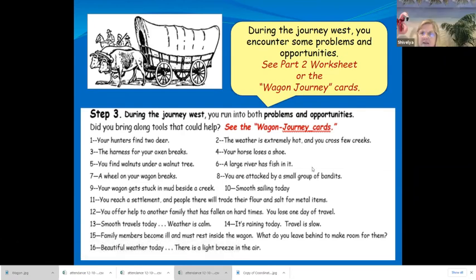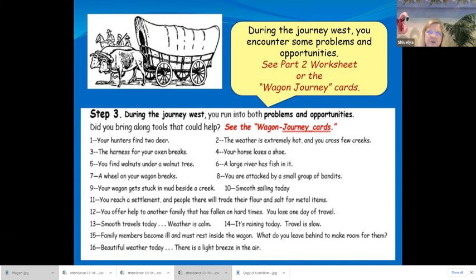Yeah, and it all depends on the makeup of your group and everything. But some kids will recognize that it kind of harkens back to the Oregon Trail, and they may have had some experience with that.